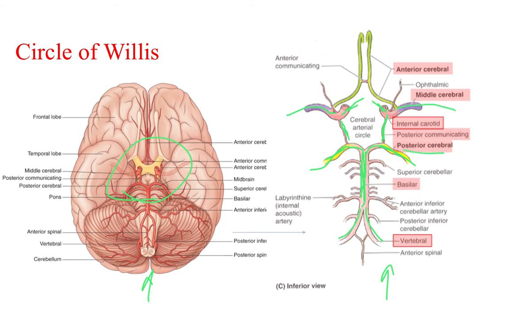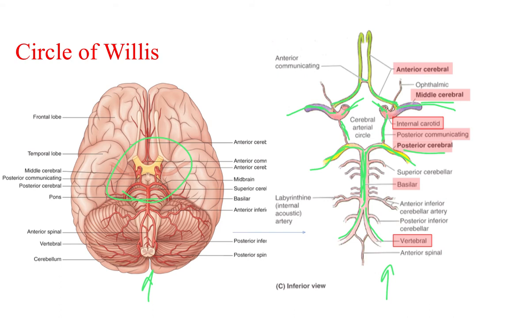So we have the posterior cerebral, the middle cerebral. The middle cerebral has the anterior cerebral arteries coming directly off the junction point between the internal carotids and the middle cerebral, going to the front.